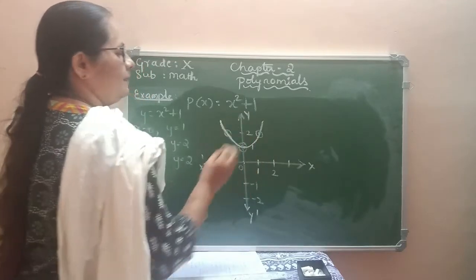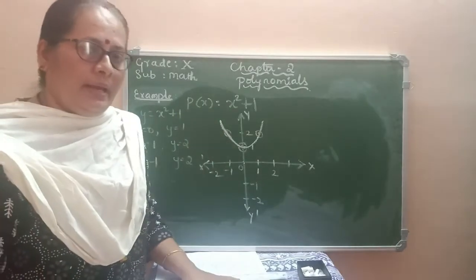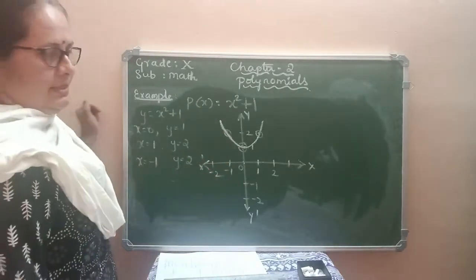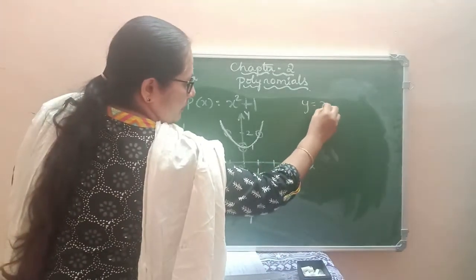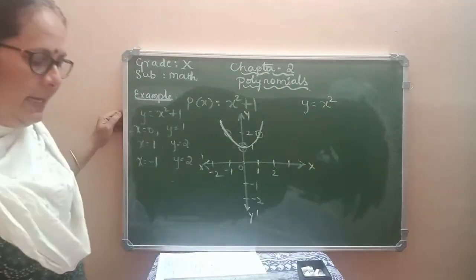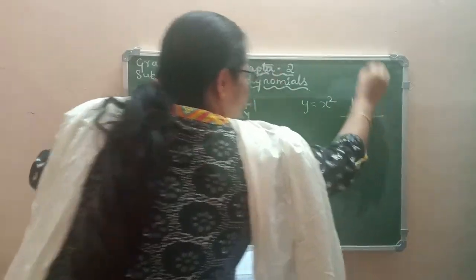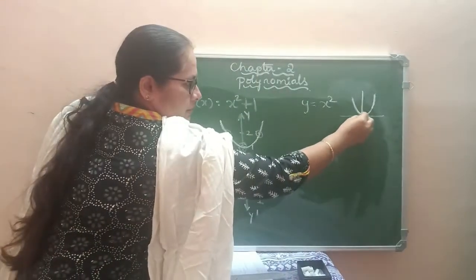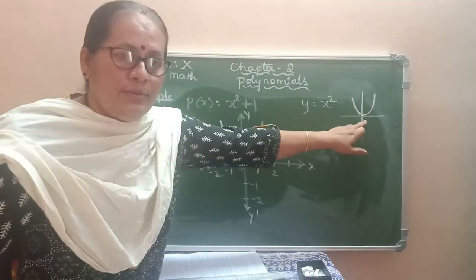See here. Again you will get a curve. We call it a parabola, open upward. In the previous example, y equals x square, you will get a parabola open upward, where the parabola touches the x-axis at 0, 0.